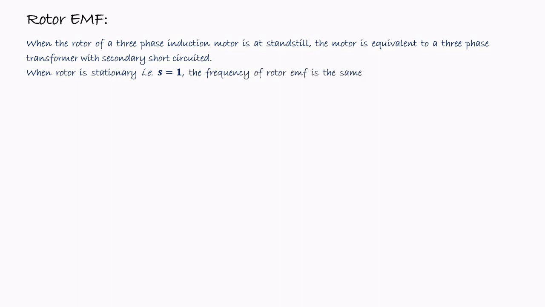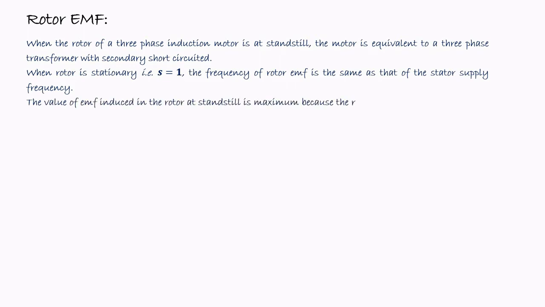When the rotor is stationary, the slip is equal to 1. Therefore, the frequency of the rotor EMF is the same as the stator supply frequency that we have already discussed. The EMF induced in the rotor at standstill is maximum because the relative speed between the rotor and the rotating magnetic field is maximum.